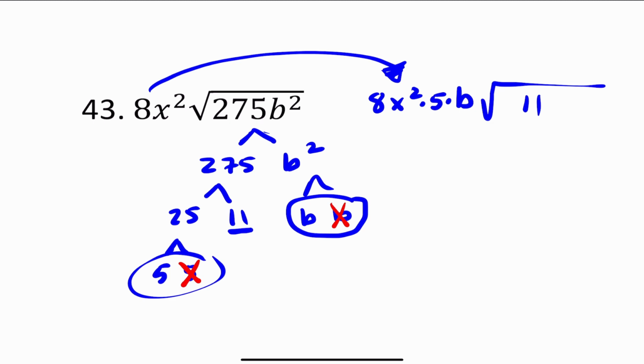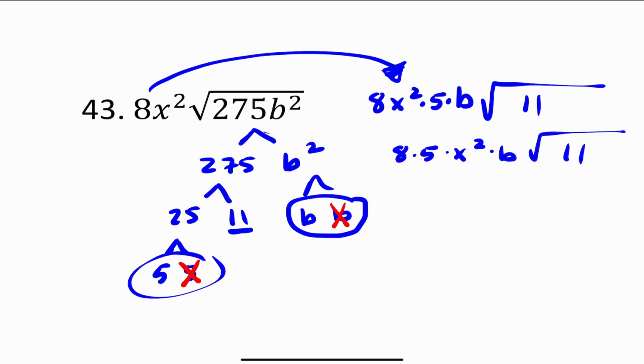I'm going to make that look nicer. Everything is being multiplied in this case, so order really doesn't matter. But I want to make it look nicer. I'm going to multiply the coefficients, and then leave the variables alone. I know that I can rewrite this as 8 times 5 times x squared times b, okay?